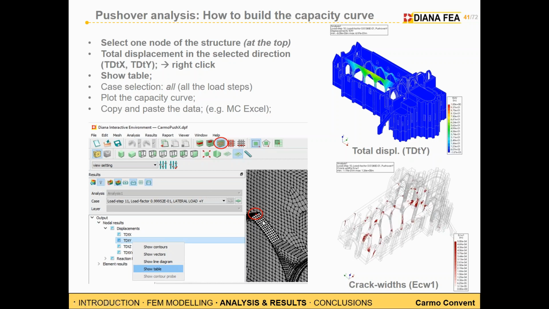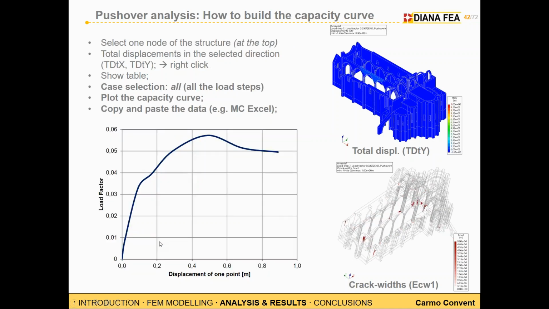So for plotting the capacity curve, we have to go into this visualization, select one point at the top of the structure, and then go in the results window, selecting the displacement in the direction we are applying the load, and with the right click we can go to show table, and a table of data will appear. Then we can copy and paste the data, for example, into Microsoft Excel for plotting the capacity curve.